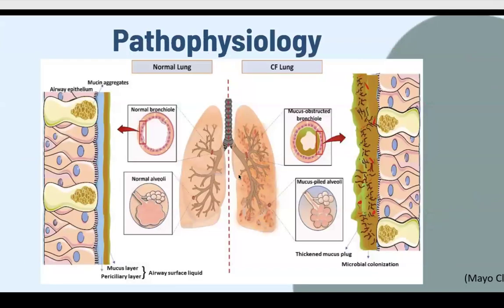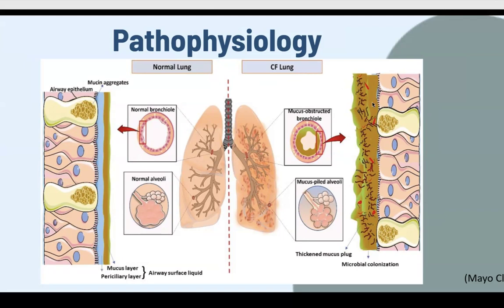So here's just a little image just to clarify what the mucus lining the airway surface looks like. On the left is a normal lung with this mucus layer that is thin. The bronchiole looks how it's supposed to, looks healthy, and the alveoli also look normal to participate in respiration.